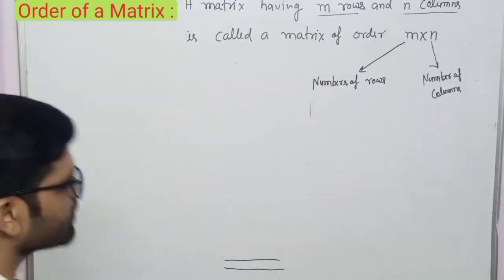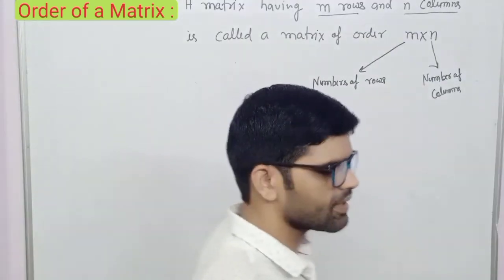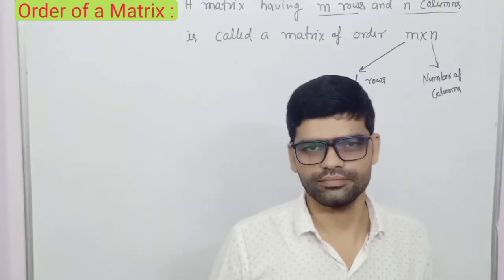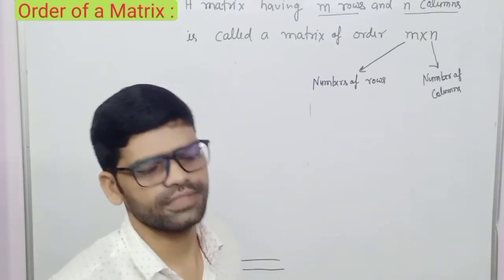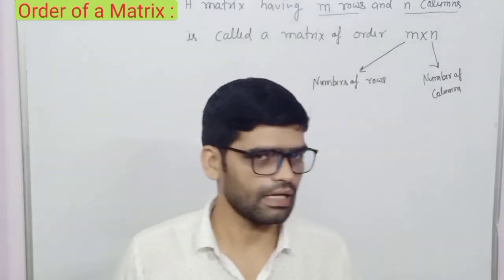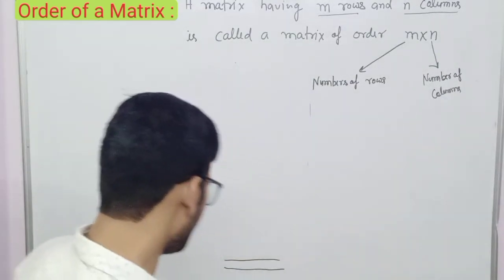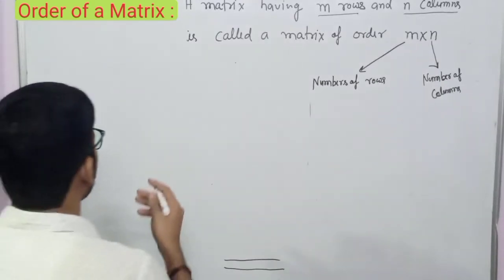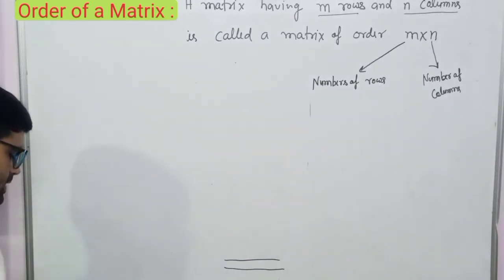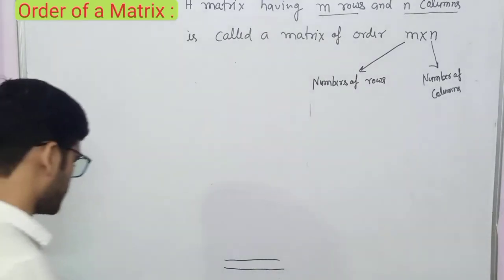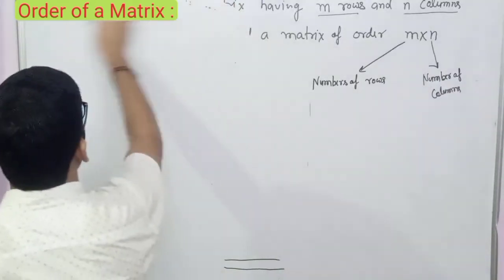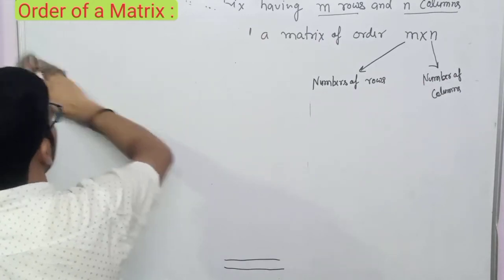we want to write here a representation of a matrix in general form. First we define a matrix and then order of a matrix, and now we want to write in general form the representation of a matrix.